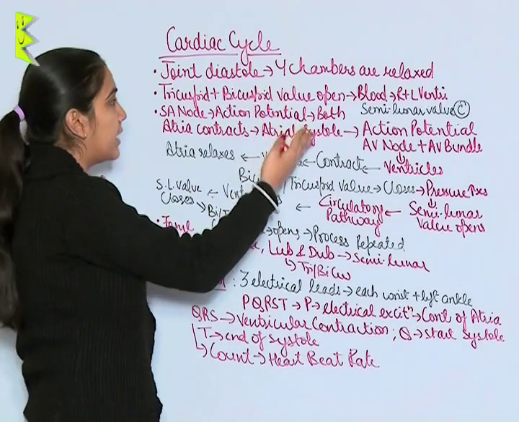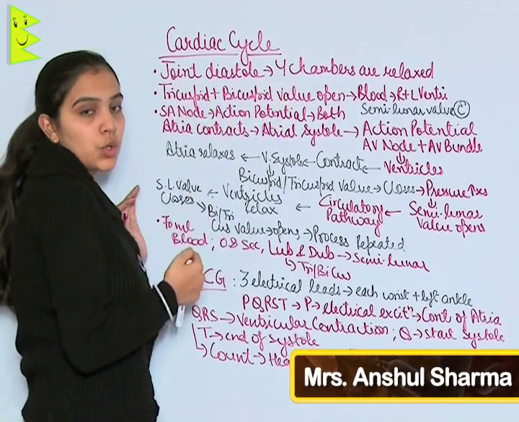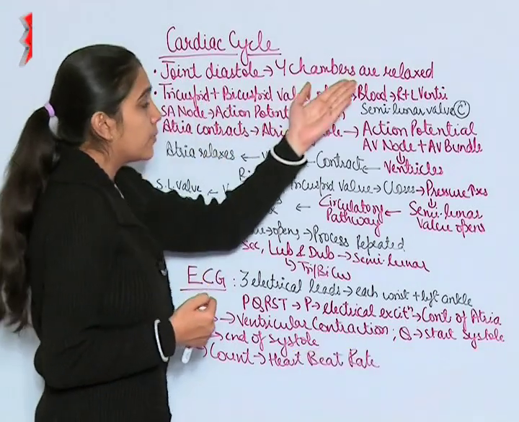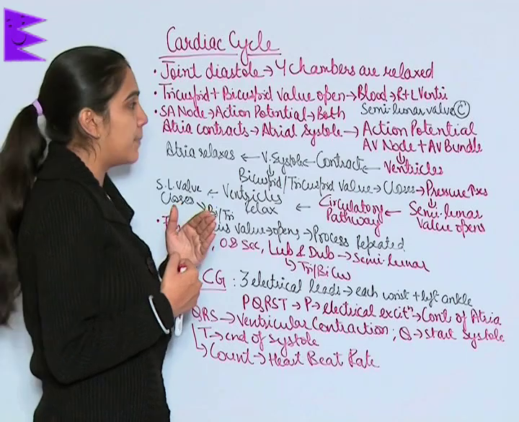Let us revise it again. First is joint diastole, which leads to relaxation of the four chambers.